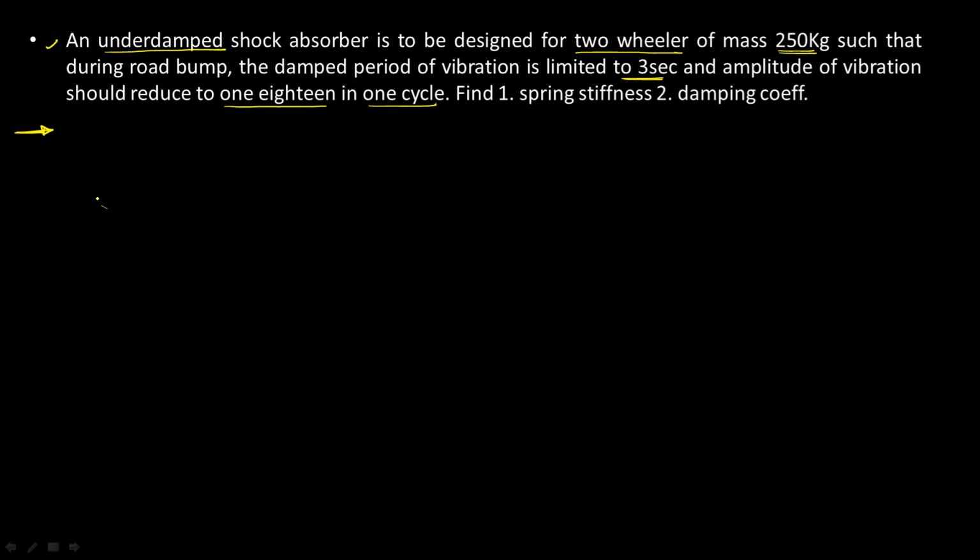So there is one shock absorber which is to be designed for the two-wheeler. So this is the given condition. I will just draw the schematic diagram. So this is the mass of the two-wheeler and this is the spring and damper arrangement.